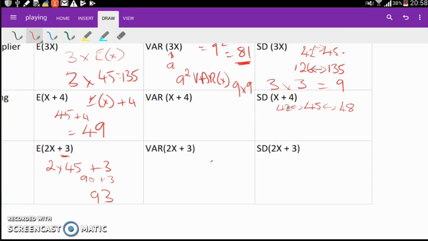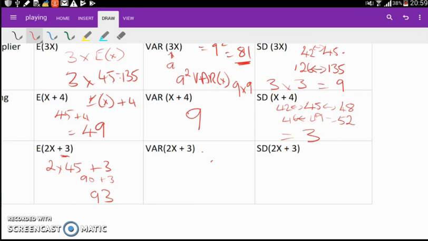If we add 4 onto every value, you can see that the spread, how much it's spread away from the mean, remains exactly the same. It was a standard deviation of 3, and it is still 3. There is still a deviation of 3 away from the mean. So when we add or subtract a number from the value of x, the spread does not increase. So our spread remains at 3. Our spread here remains at 9. The data does not become more spread out if we add or subtract something to it.